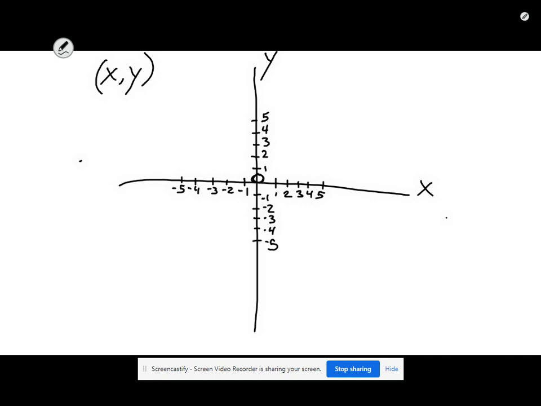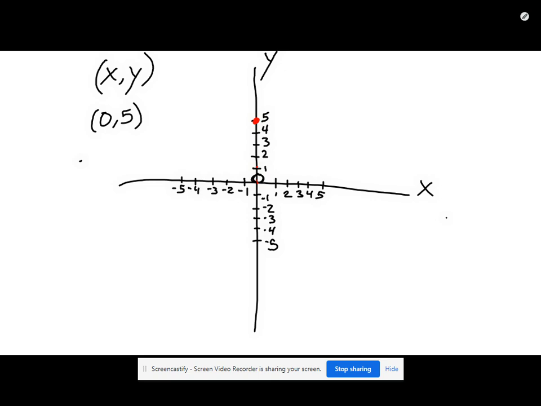So now if we want to plot an ordered pair, we want to look at our x first. If x is 0, we're going to be at the 0. Then our y is 5. We go up 5, and we get that ordered pair.